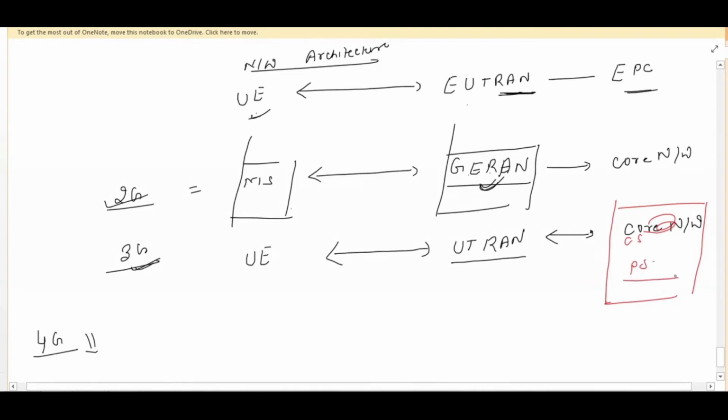Just one simple example: if in your 3G or 4G mobile you're getting a video call, a Skype call, a WhatsApp call, or a real-time voice call, how will these different calls be differentiated? Because a WhatsApp call means you need the internet.